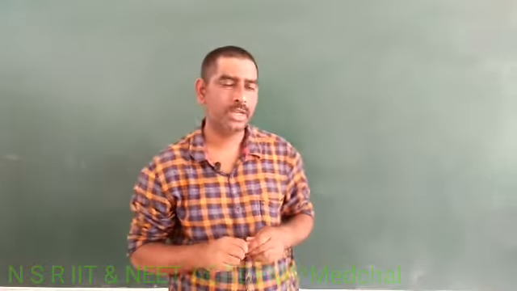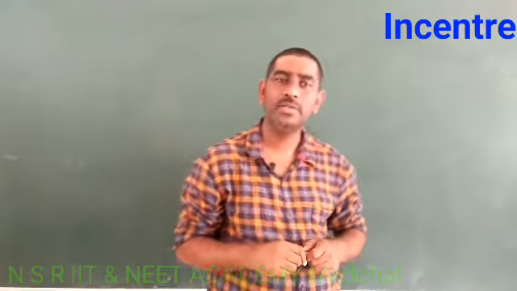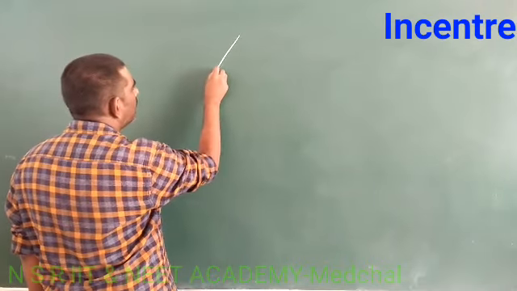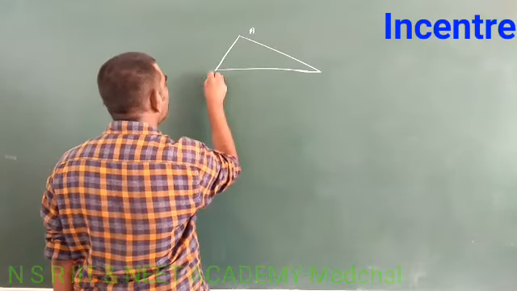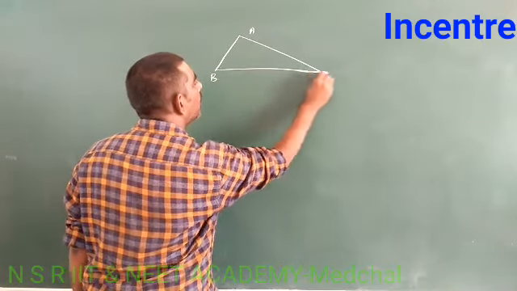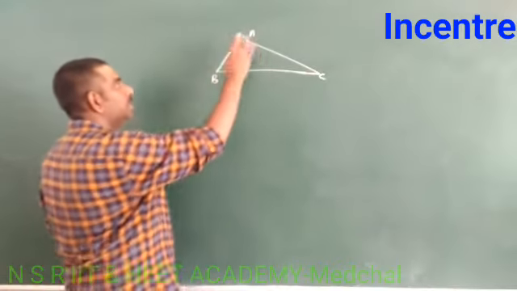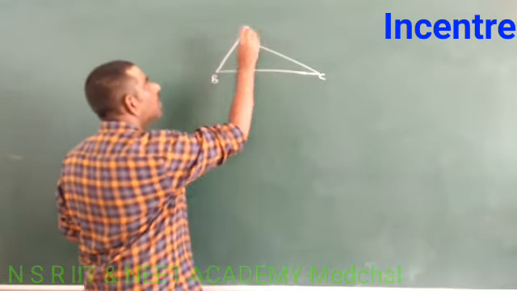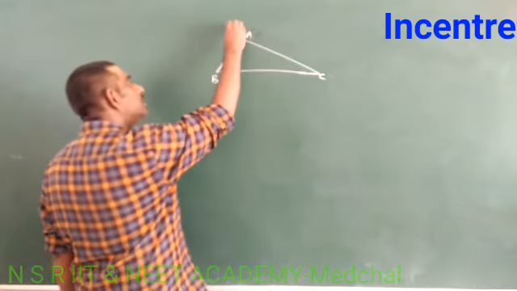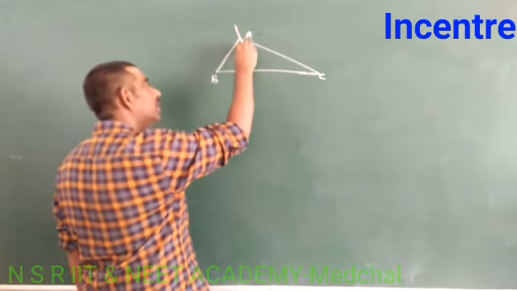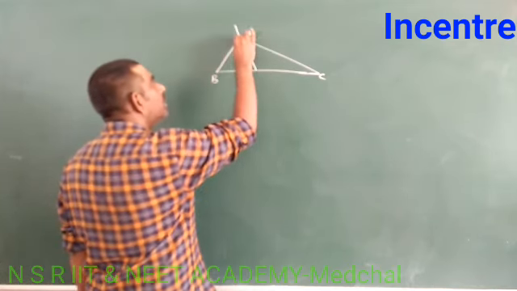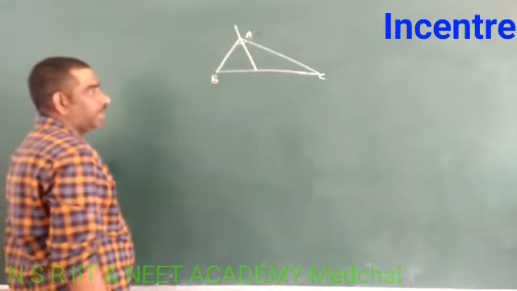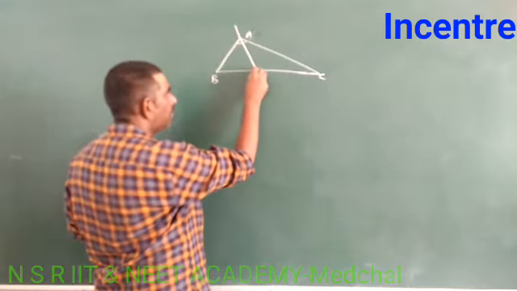So first one, incenter. Before the definition of incenter, we need to know the angular bisector. So what is the angular bisector? In a triangle ABC, a line that divides the vertex into two equal angles is called an angular bisector.